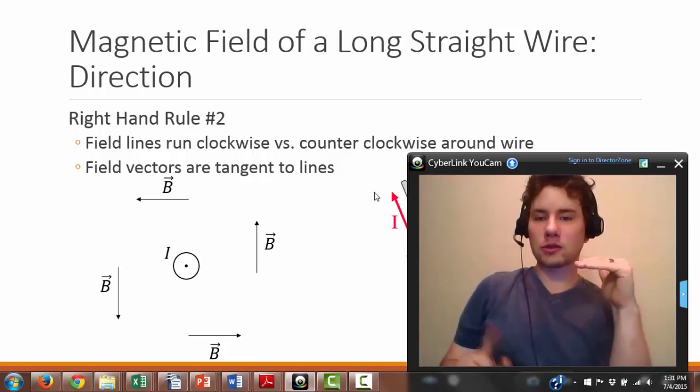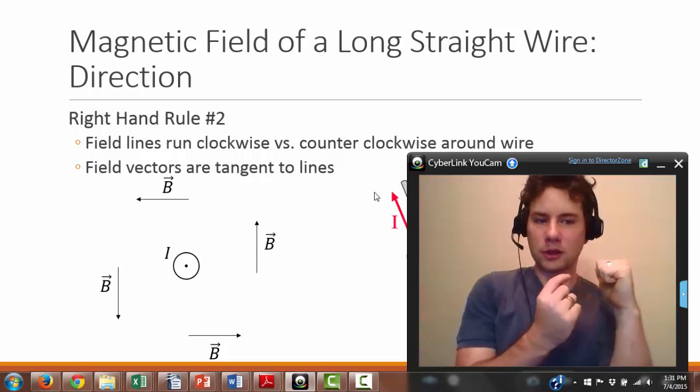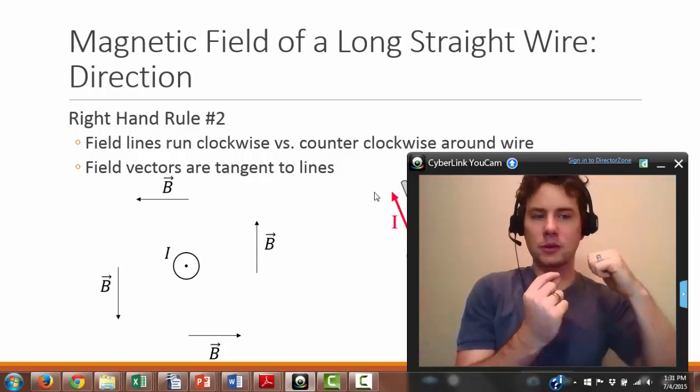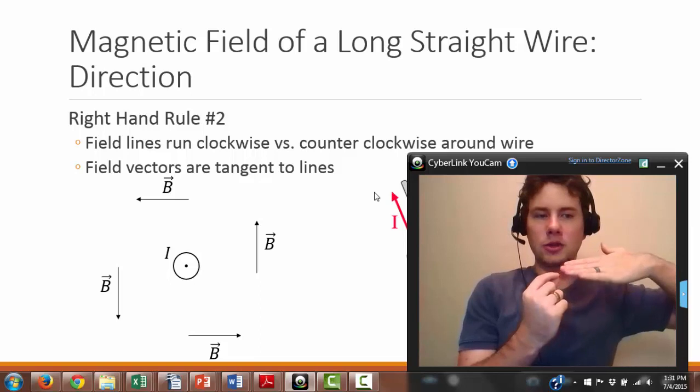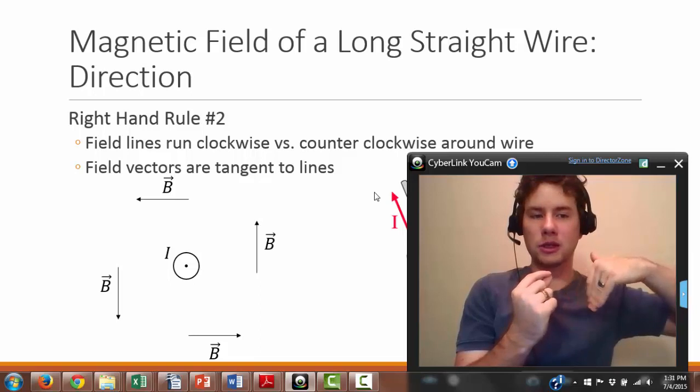Okay? Let's repeat now with the magnetic field on the left. If I do the same thing, my thumb will point in the same direction. I want the magnetic field over here to the left. I have to turn my hand so that my finger bones and my palm bones point directly towards that point. Then I bend my fingers 90 degrees, and my fingers point straight down.